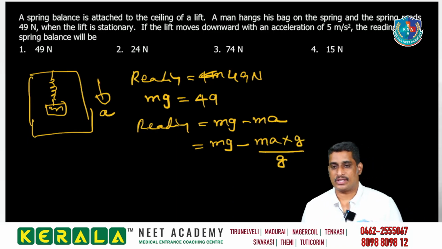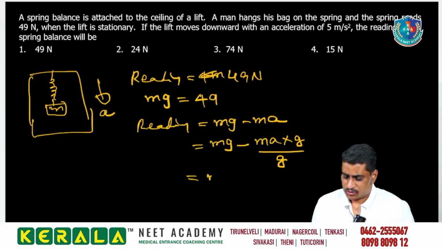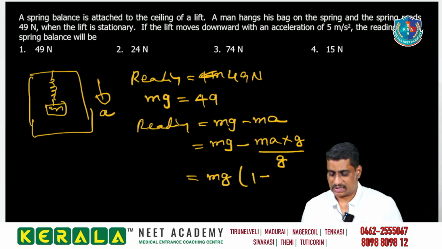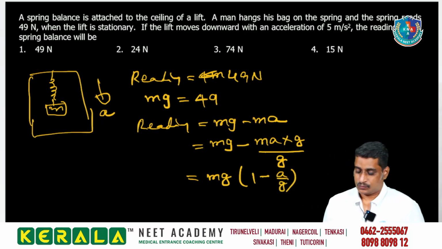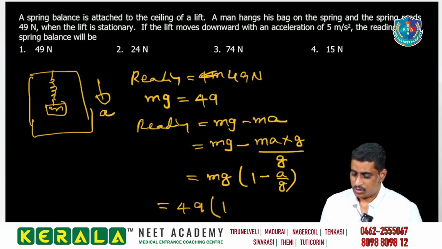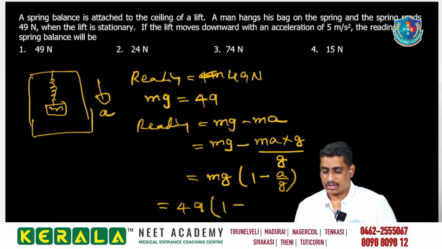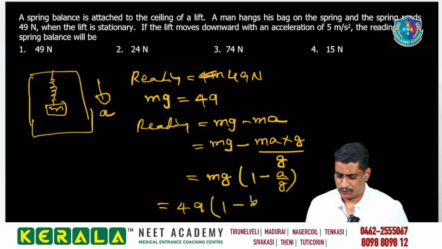Let us modify this equation. This will be mg into 1 minus a by g. The mg value they have given is 49, into 1 minus the acceleration of the lift in the downward direction, which they have given as 5.